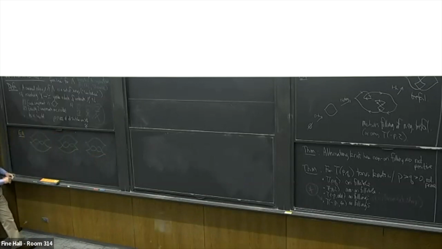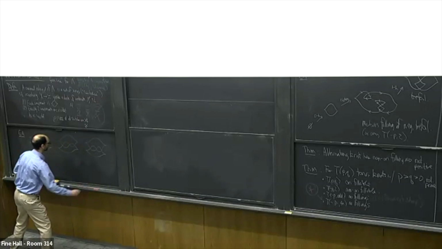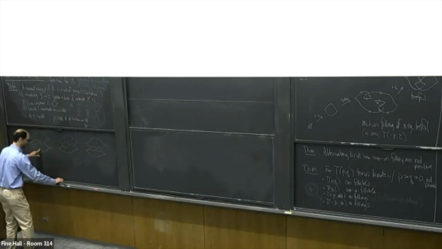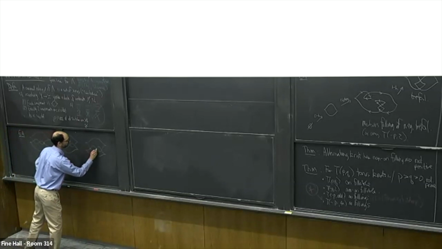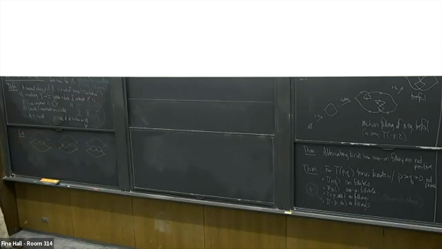Okay, and these are actually the 3 normal rulings of the trefoil. You think, well, here's the switch, here's the switch, and all 3 of these are switches.